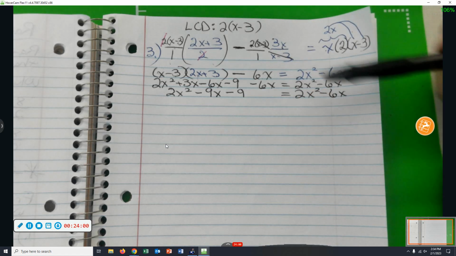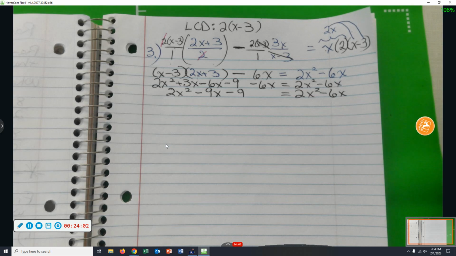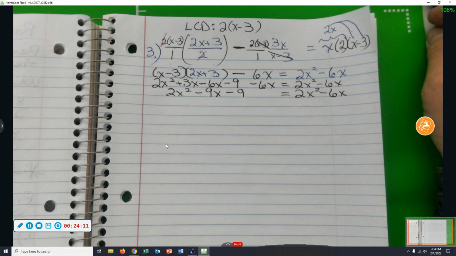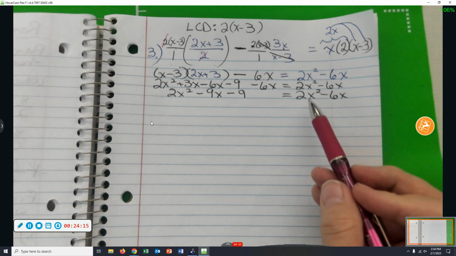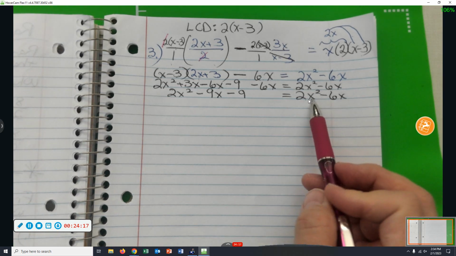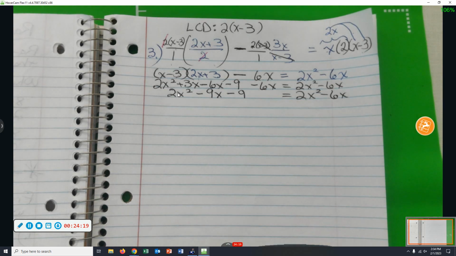And I said earlier, it looked like it was going to be quadratic. We need to get it set equal to 0 and solve either by factoring or the quadratic formula. But I don't think so. Let's start trying to combine like terms. Let's take the 2x squared and try to move it over there and combine it with this term here.